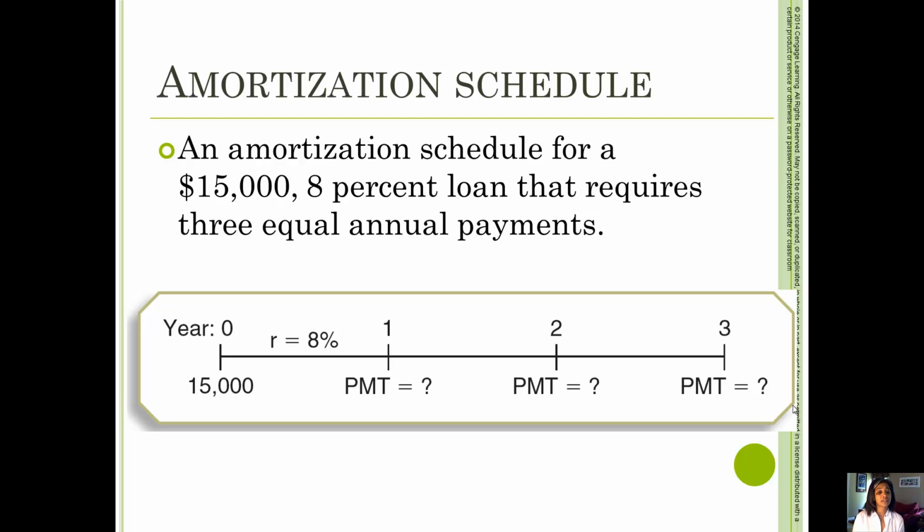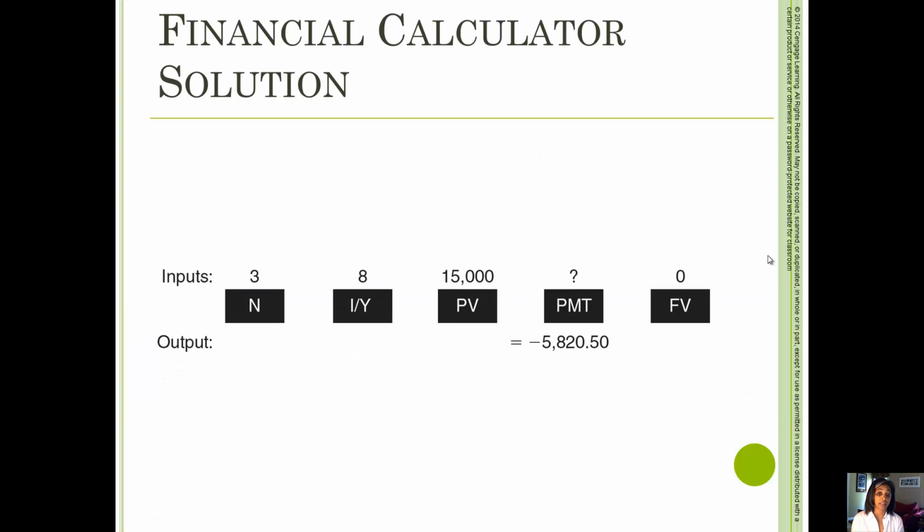So here's an amortized loan of $15,000 at 8%. And there's going to be 3 equal payments. So what we need to do is figure out what those equal payments will be. And so we just go back to the financial calculator, plug in 3 for N, 8 for the interest rate, 15,000 for present value. Now that $15,000 is going to be positive because we received that as a loan.